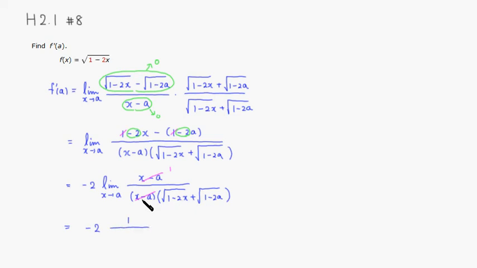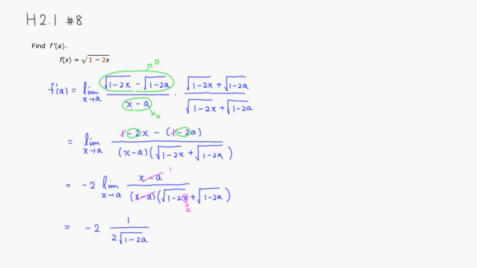And in the denominator, since x goes to a, this approaches a, which means you have the square root of 1 minus 2a plus another square root of 1 minus 2a. So you have 2 times the square root of 1 minus 2a.